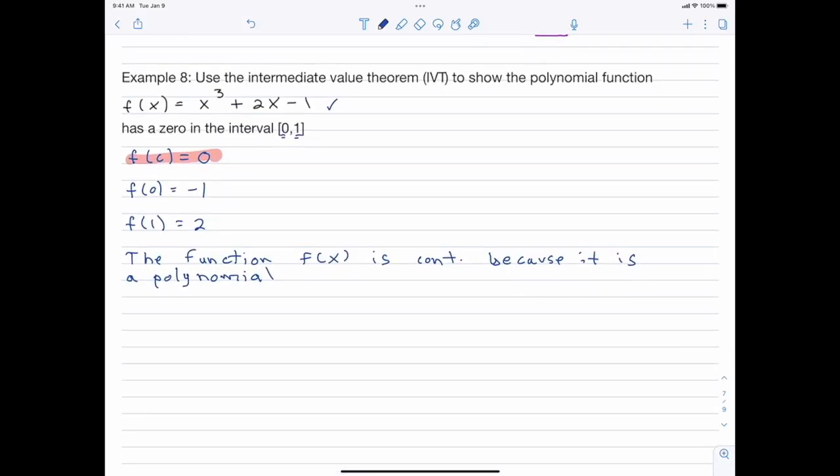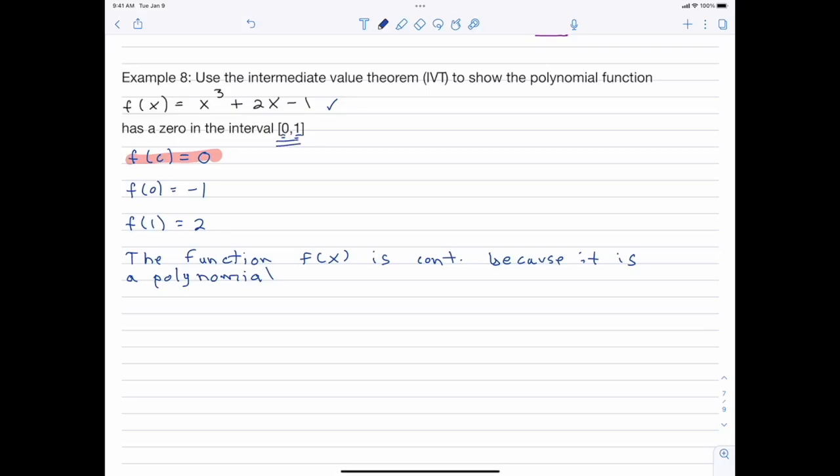And maybe, especially if the function wasn't always continuous but was continuous specifically where I wanted, maybe we had a rational function that wasn't continuous everywhere, the only thing I really care about in this case is whether it's continuous on 0 to 1. Polynomial functions are continuous everywhere, so that's fine.